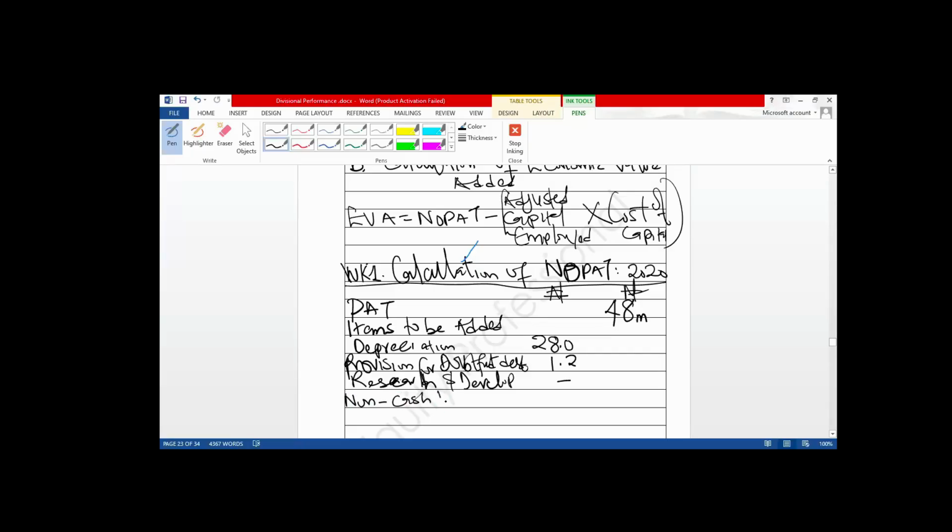Non-cash item, 3.0 million. Provision for deferred tax.